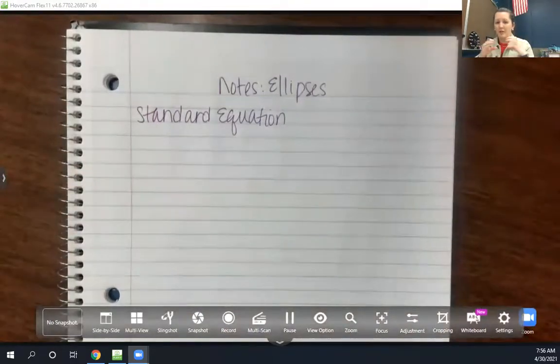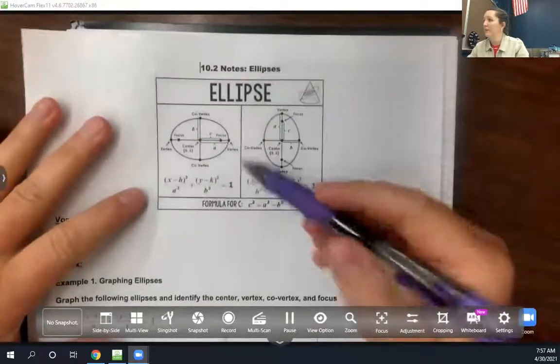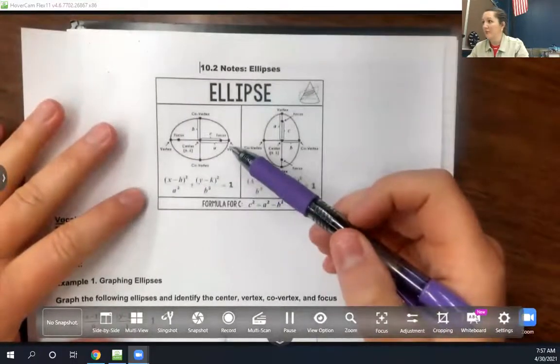One is where your major axis is horizontal, where your vertex is horizontal and your co-vertex is vertical. And then there's another type where your co-vertex is horizontal and your major axis is vertical. So you have two different types of ellipses.